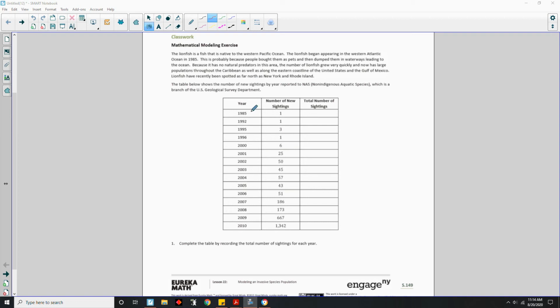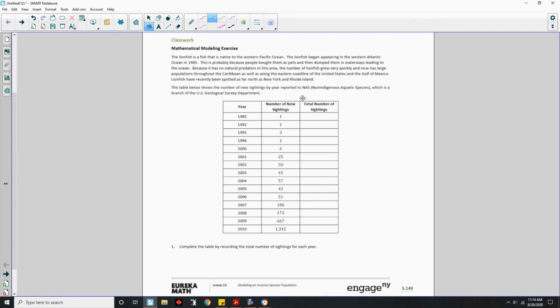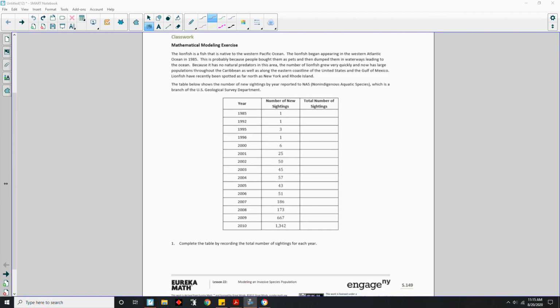Let's complete the table. So in 1985 there was 1 new sighting. Total number of sightings, 1. Total number of sightings, well, if there was 1 in 1985 and then another one in 1992, notice it took 7 years until someone spotted another one. Now that's 2 sightings.